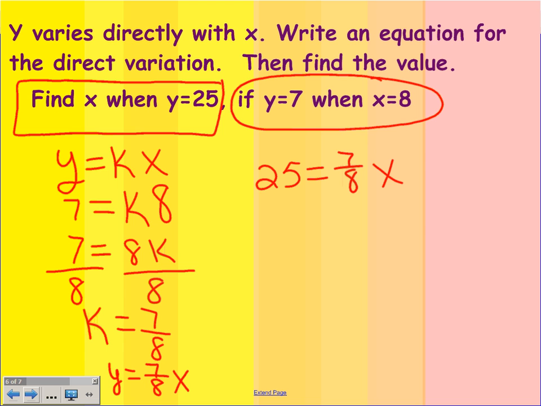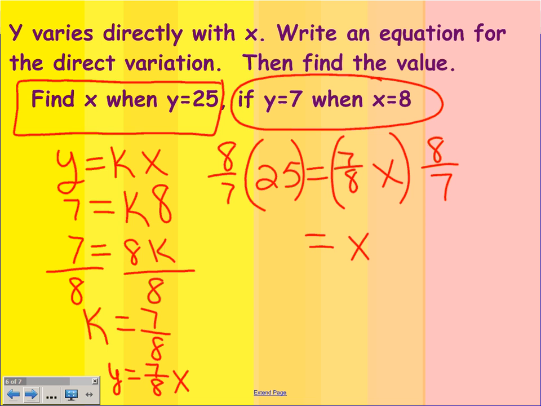Well, when I have a fraction in front as the coefficient, then I multiply by the reciprocal. That's how we solve. Remember, we talked about that. It looks kind of funny if I try to divide through by a fraction, so you always just show your work by multiplying by the reciprocal.